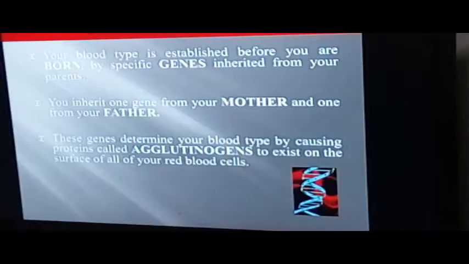These genes determine your blood type by causing proteins that exist on the surface of the cell, like sprinkles on a donut. You either have them or you don't have them, or you have certain types and you don't have certain other types, and we will look at this in more detail.